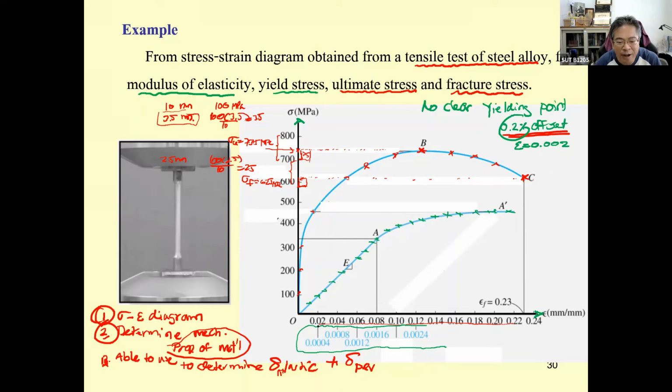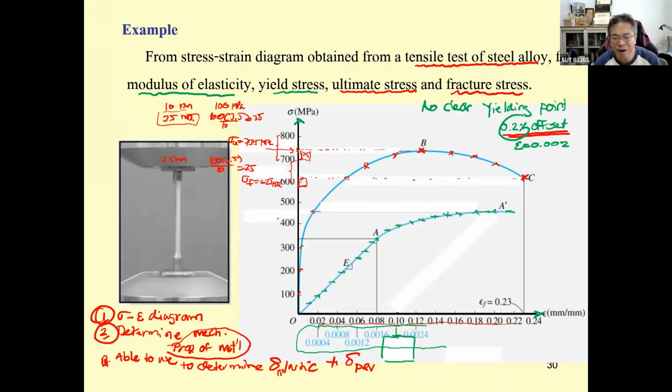Not yet. 0.0024, that is too big. 0.016 is in between. I believe this one is supposed to be 0.002.